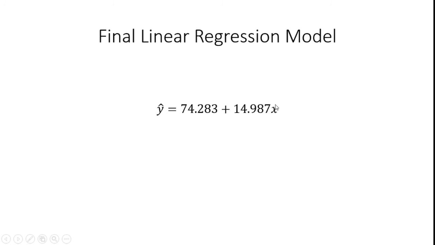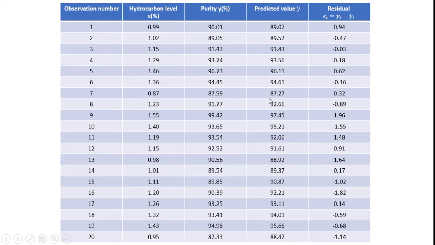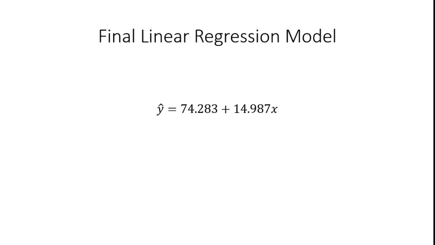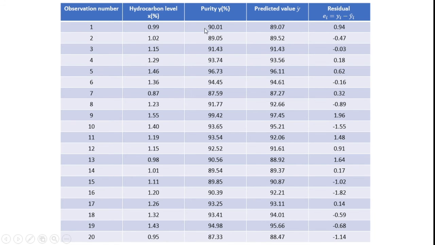For the value of x, I substitute the value I got from my experiment, x value 0.99, in that preliminary equation, and I get 90.01. I substitute 1.02, and I get 89.52 and 91.43. Likewise, I got 20 predicted values from 20 observations.